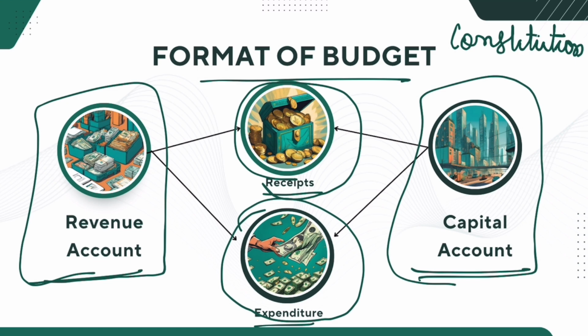As you all know, the responsibility to present budget every year comes from Article 112 of the Constitution. And this article also mentions that budget as presented in Lok Sabha and Rajya Sabha, both houses of the parliament, shall be presented in a format in which it is divided into two parts, revenue account and capital account.